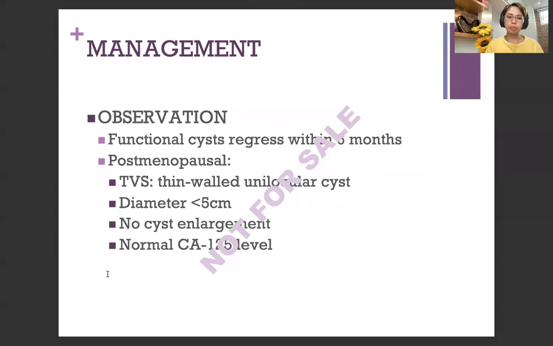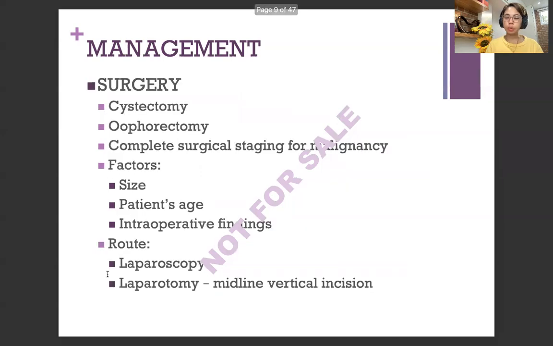Okay, what do we do? If it's only a functional cyst, then we'll not have to do anything. We can just observe because it usually regresses spontaneously. Okay, in postmenopausal women, if it's thin-walled, unilocular, diameter is small, no cyst enlargement, and normal CA125 level, no need to worry.